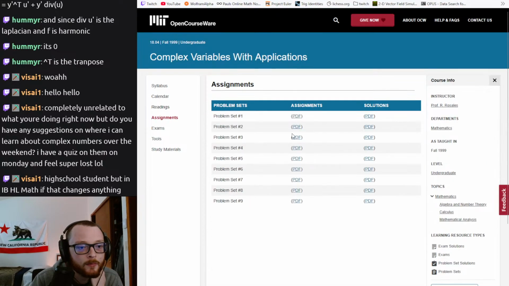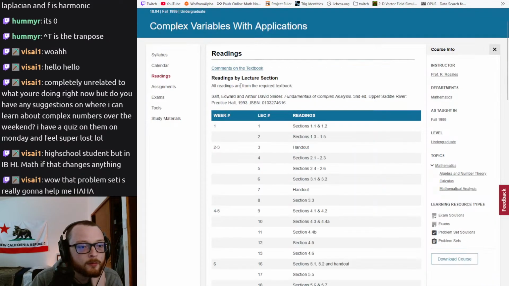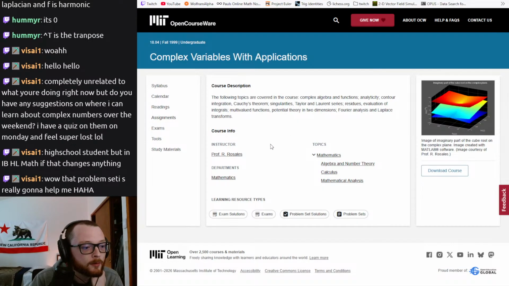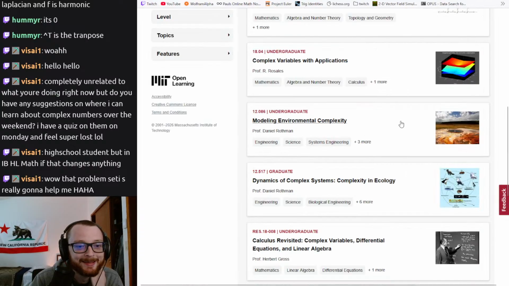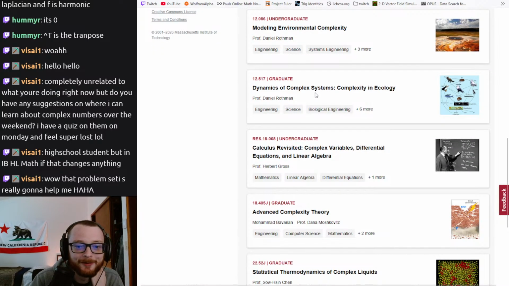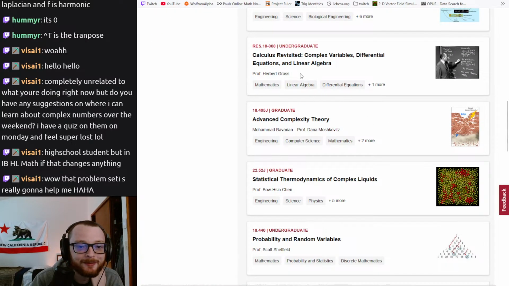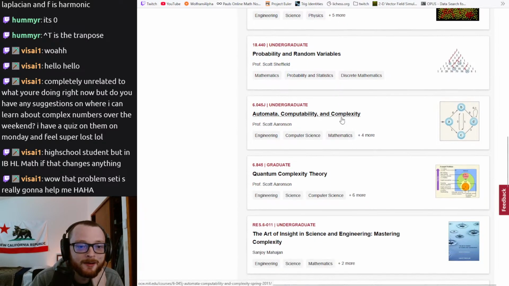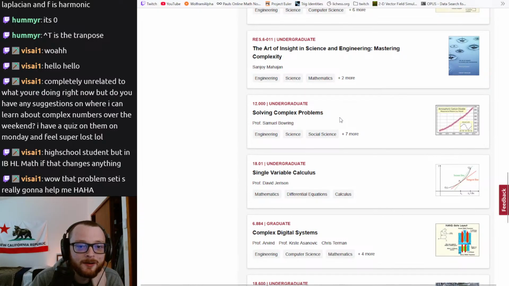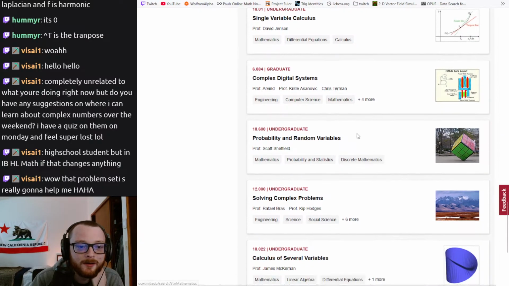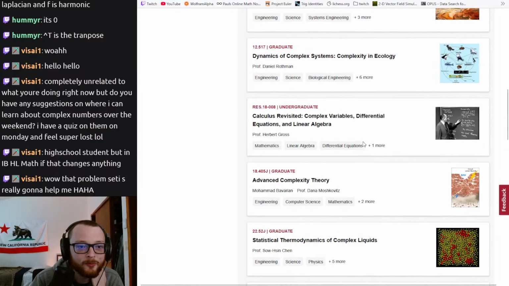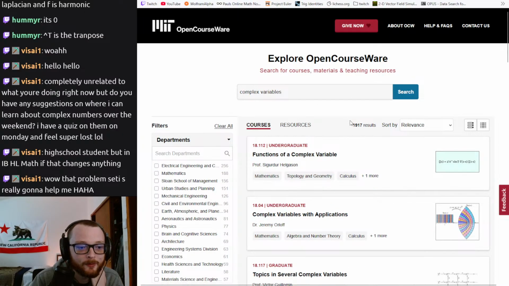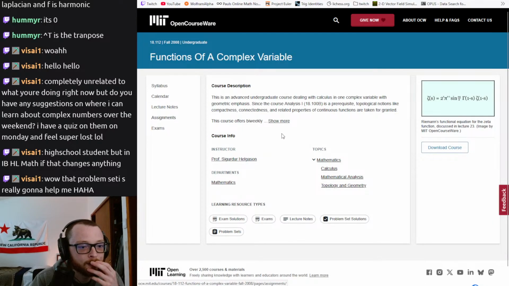I don't even know what book they're using, unfortunately. Okay, I think MIT OpenCourseWare is a bust. The stuff they're gonna have is too advanced. We could try this other one, I guess, just see what is there.